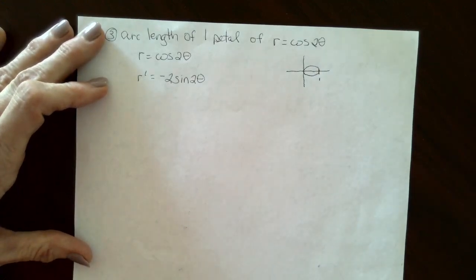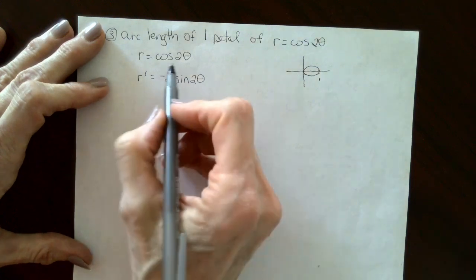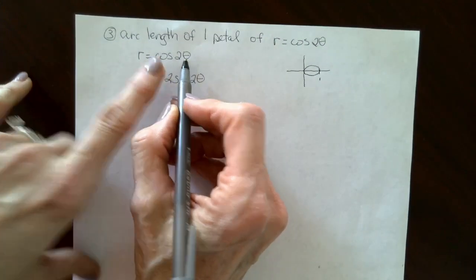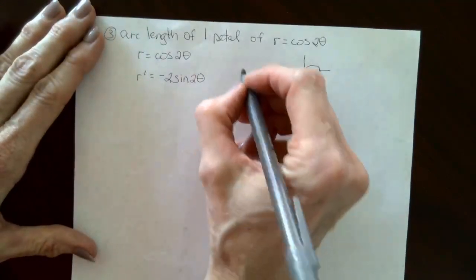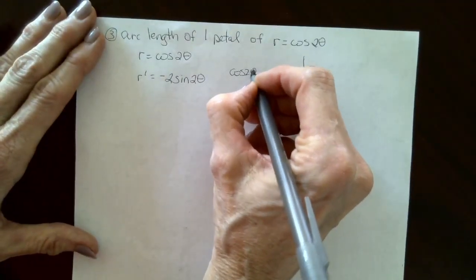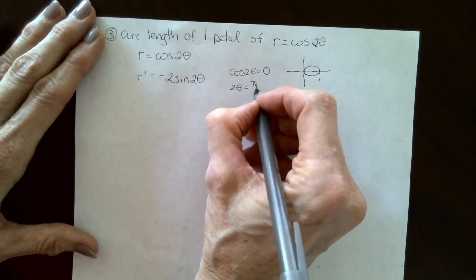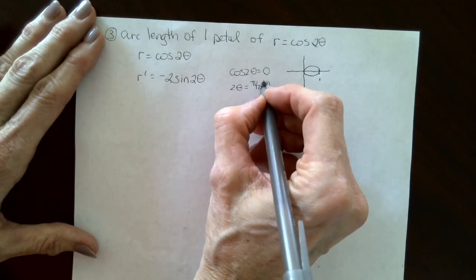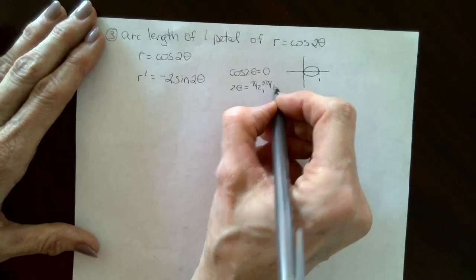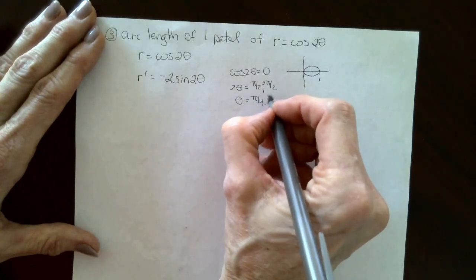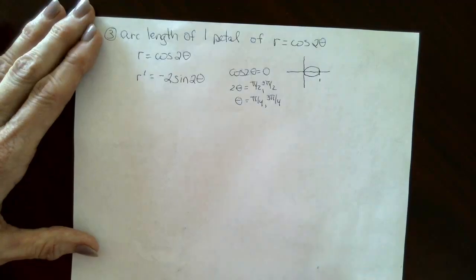I need my limits on this one. So set r equal to 0. And what do you get? Cosine 2 theta equals 0 when 2 theta is equal to pi over 2, 3 pi over 2. So then theta is equal to pi over 4, 3 pi over 4.